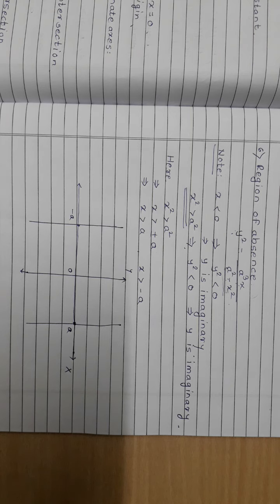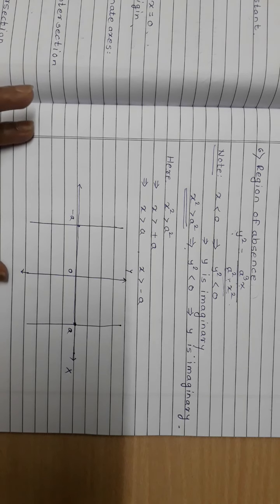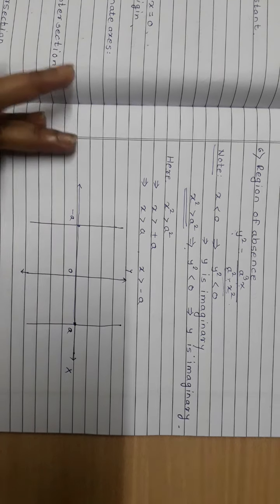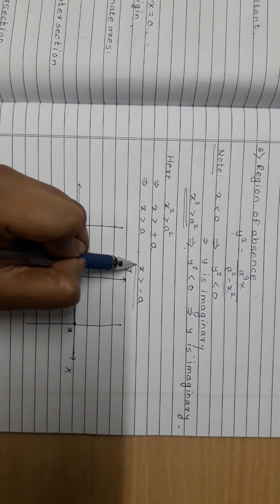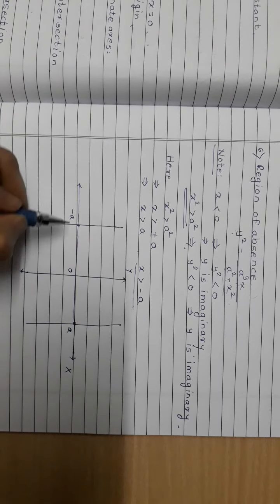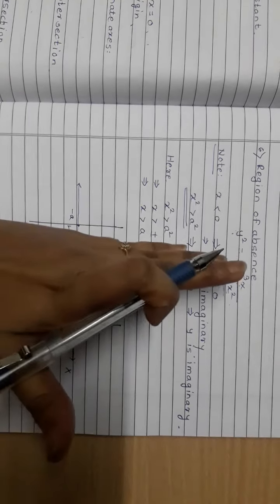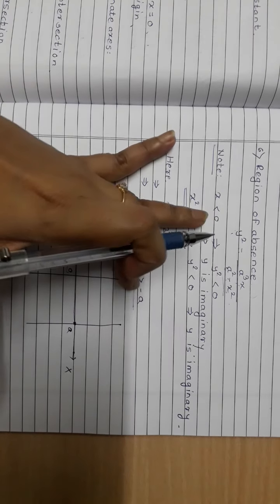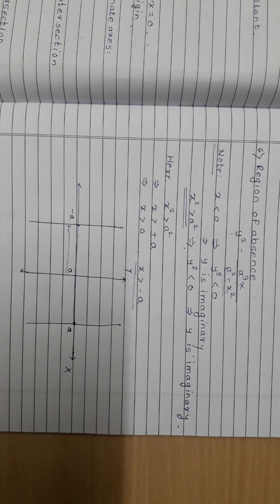And when x is greater than minus a, in this part, let's find out the common part where it does not exist. x is less than 0 and the other condition is x is greater than minus a. x is greater than minus a, that means this is the region, right? So combining these two conditions, mainly in this region it does not exist, right?